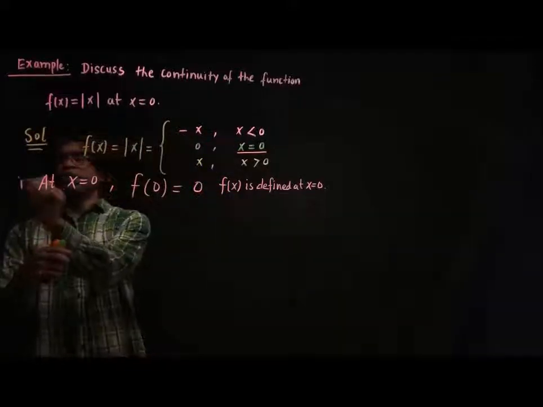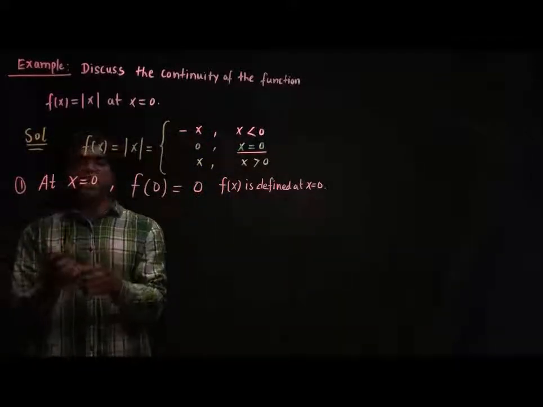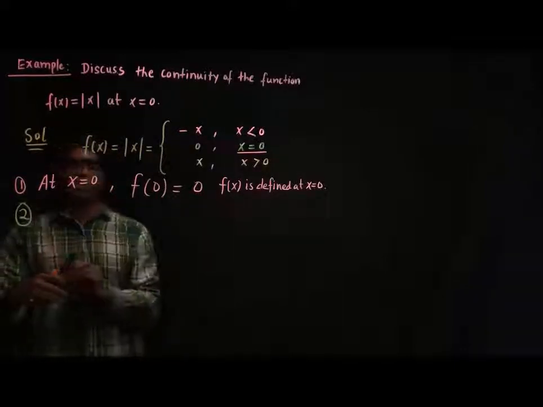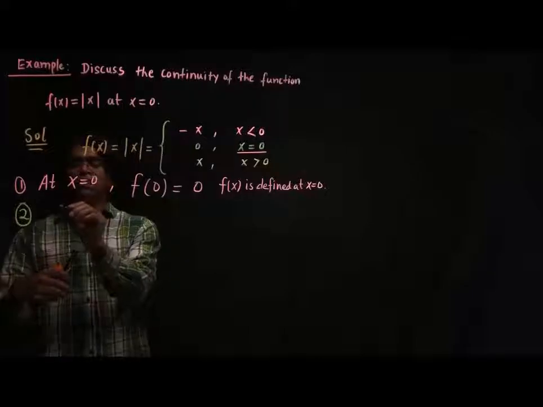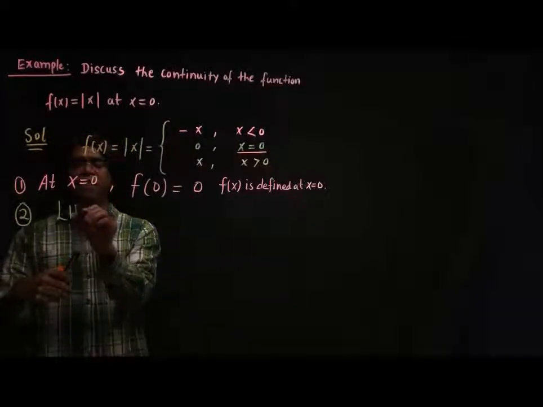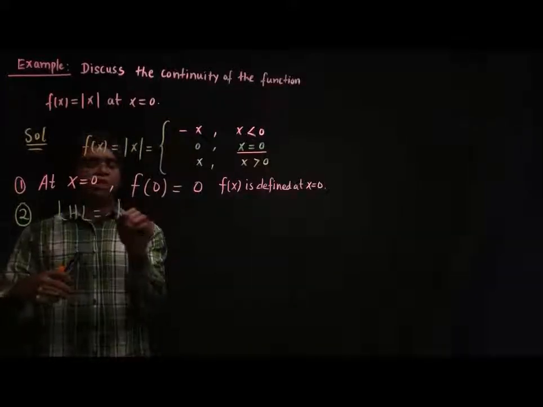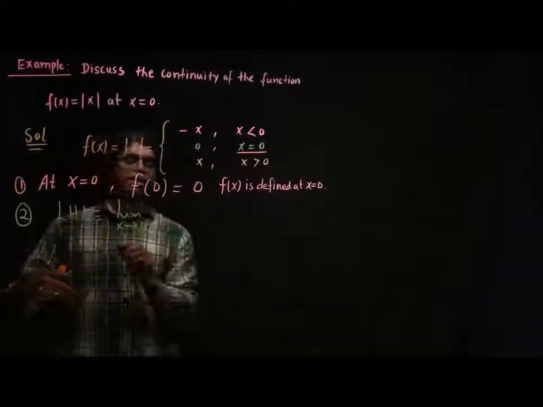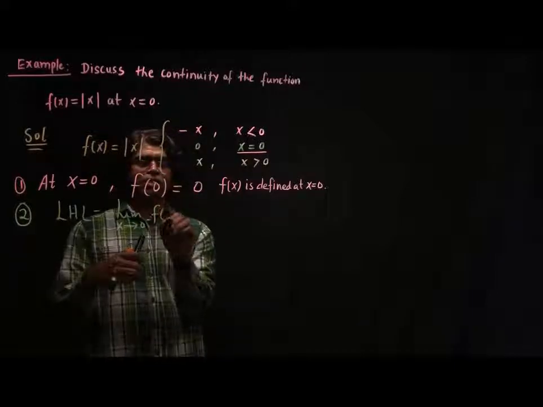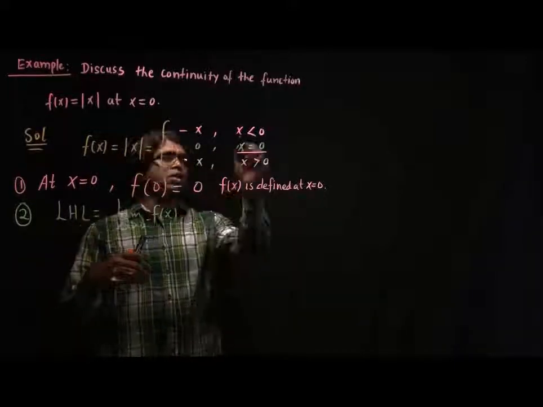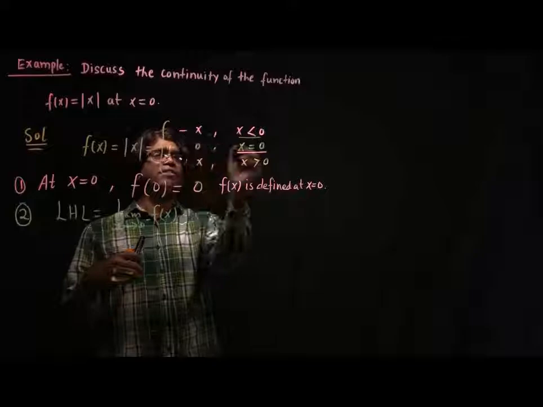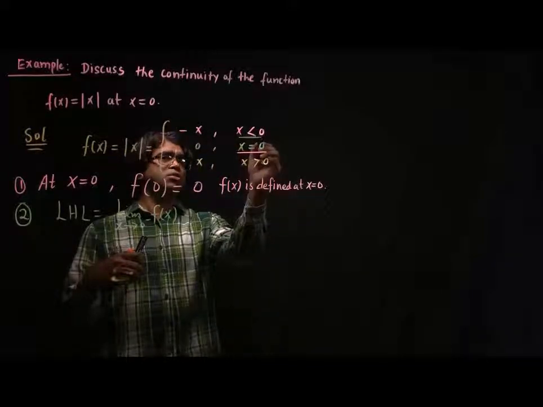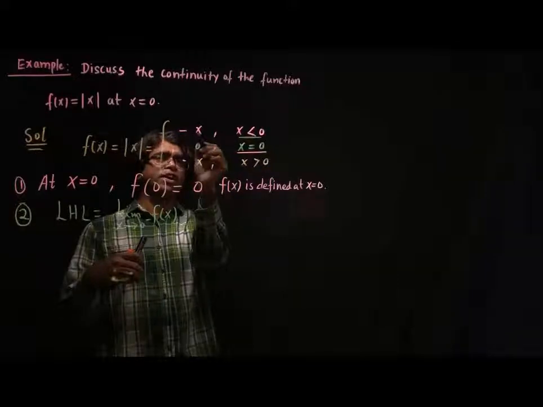Now, let's consider the second condition. The second condition is we need to find the left-hand limit of the function. So my left-hand limit is equal to the limit as x tends to 0 minus of f(x), right? We need to find the left-hand limit of the function when x is less than 0, and for that part, this is the function.